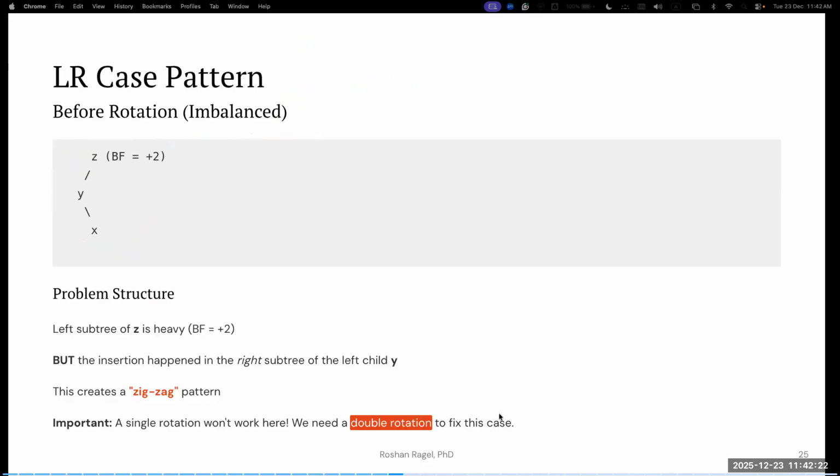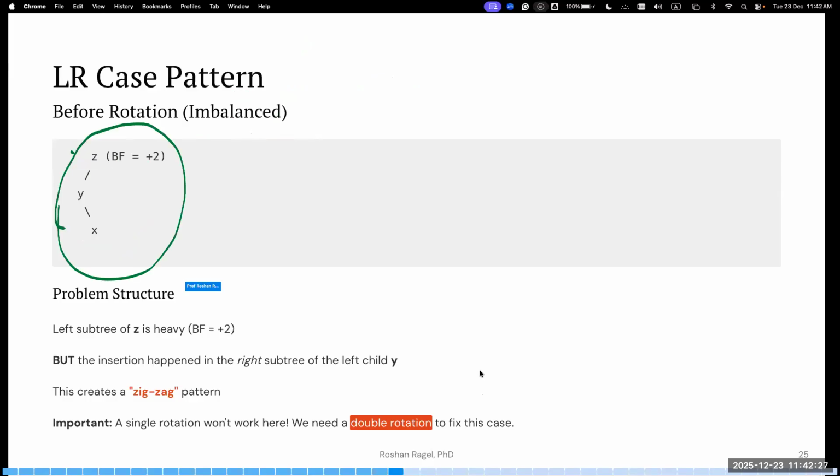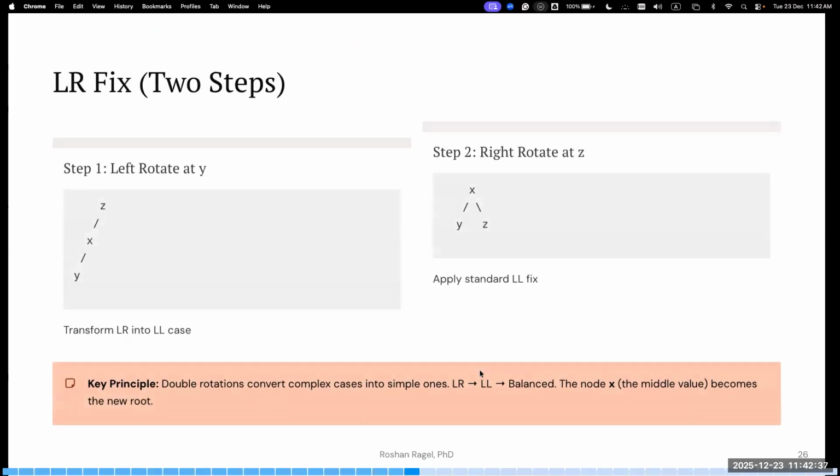And going back to this discussion, something like this, how do I fix it? I do 2 rotations like I told you. What are those 2 rotations? First one is this, right?